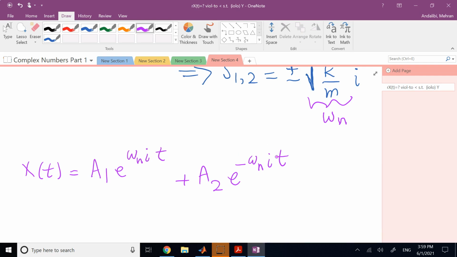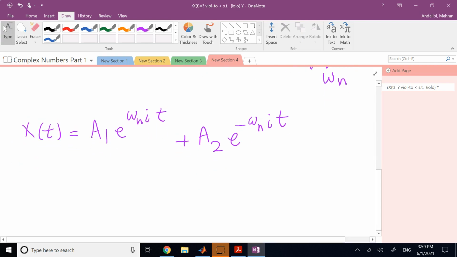Now, what is a1, what is a2? We have to find them from the initial conditions. So here I say x of 0 is x naught, so let's plug that in. X at time 0 is what? If I plug in 0 in any of these exponentials, the result is 1, so it is going to be a1 plus a2. This is equal to x naught.